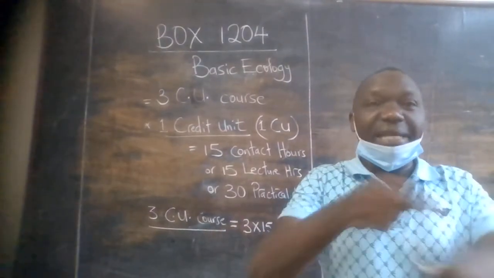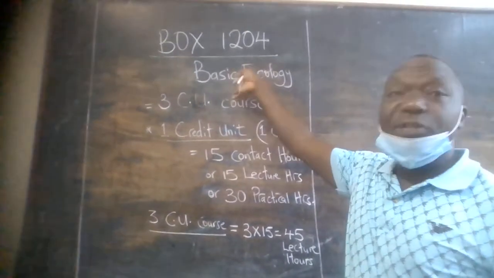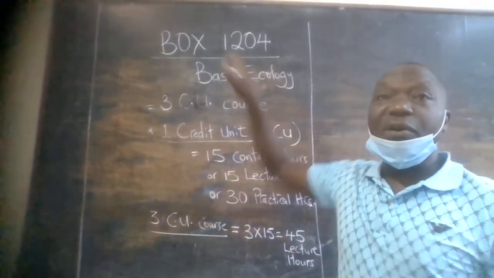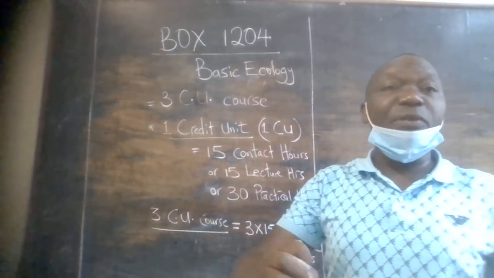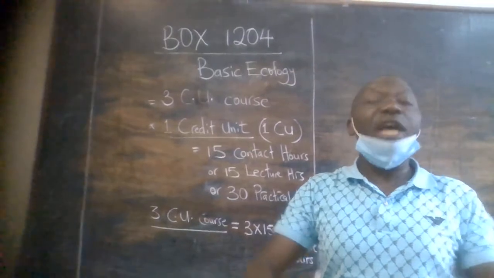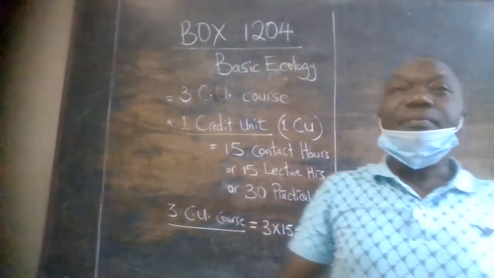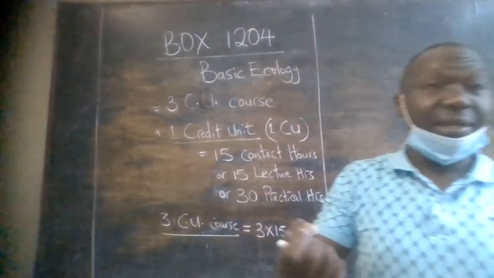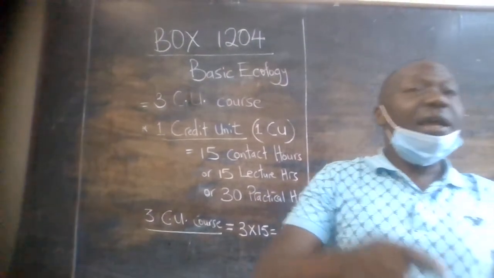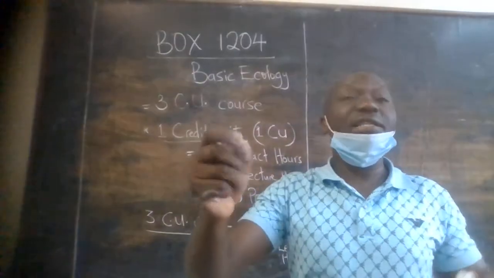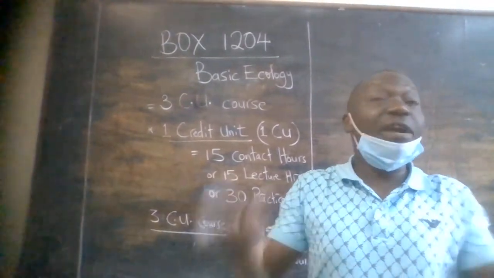But in studying that, we'll be applying the concepts of ecology, such as population, the concept of community, the concept of ecosystem, the concept of, for example, environmental resistance, the concept of density-dependent factors and density-independent factors, which regulate the population size or population density of organisms.